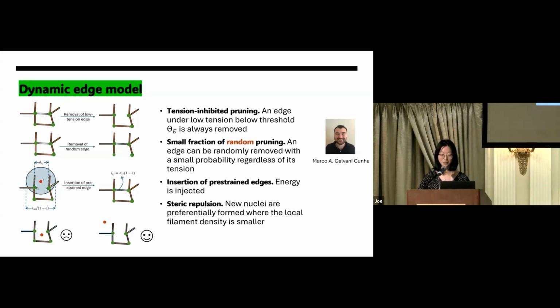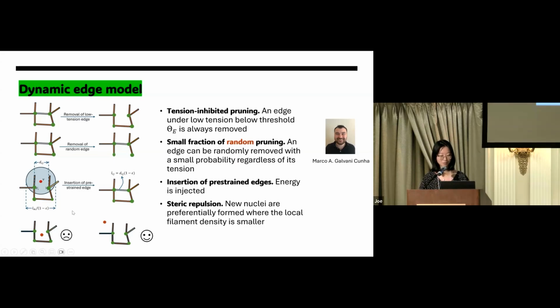Secondly, in each iteration, we also have a small fraction of random pruning. So an edge can be randomly removed with a small probability, regardless of the tension on it. And of course, the opposite of pruning is edge insertion. So we are inserting pre-strained edges by which an elastic energy is injected into the network.